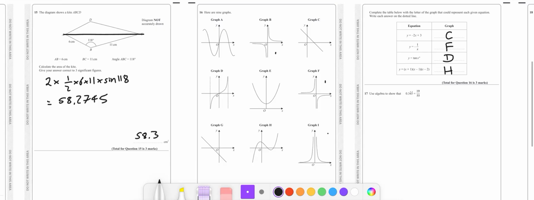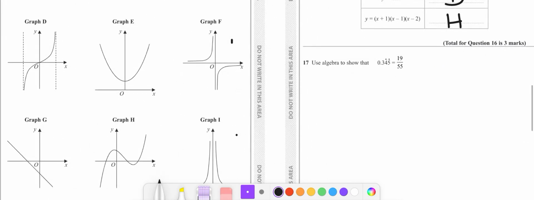Okay, use algebra to show this. So we know that x is 0.3454545.